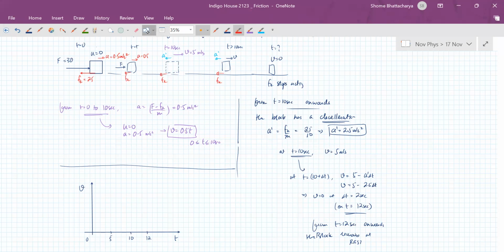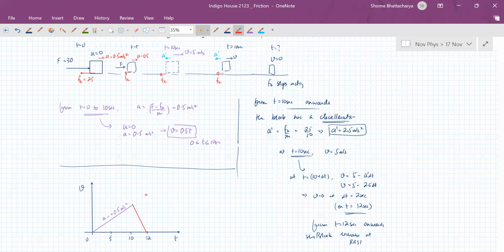So the first part of the motion is having an acceleration of A equal to plus 0.5 meters per second square. But the second part is having a deceleration and a very sharp deceleration. So it takes only 2 seconds to come to rest, whereas it had been accelerated for 10 seconds.